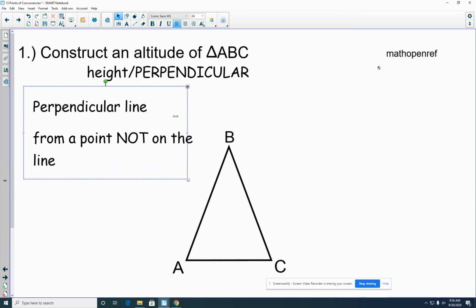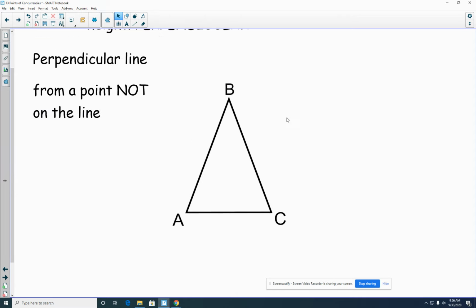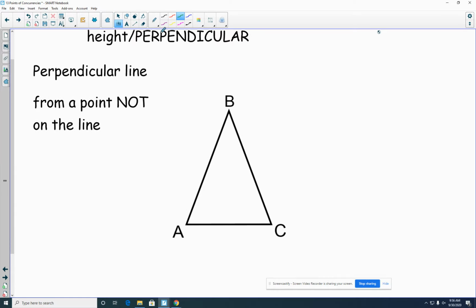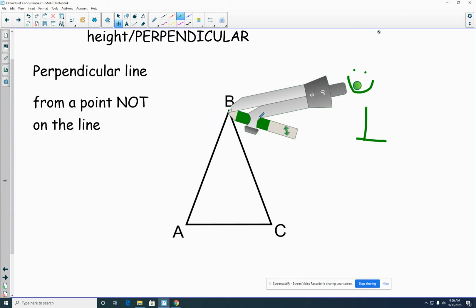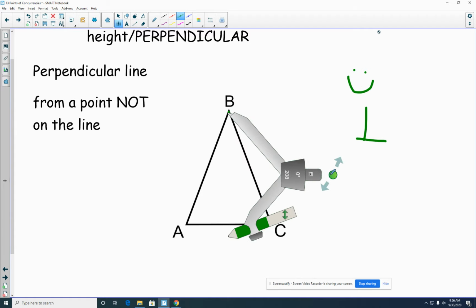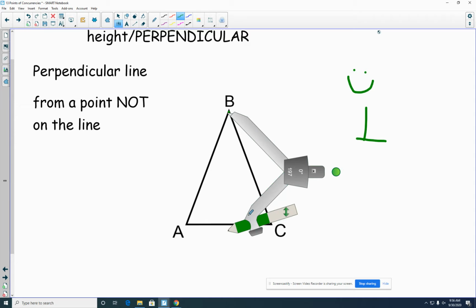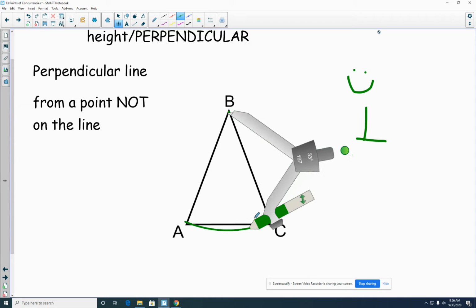So if we're going to create the altitude here, I'm going to create a line perpendicular to AC from point B. So that's your smiley face construction and then the perpendicular bisector of the points of intersection. So to do that, take my compass, I'm going to go from B, go past AC, as so, swing and swing.